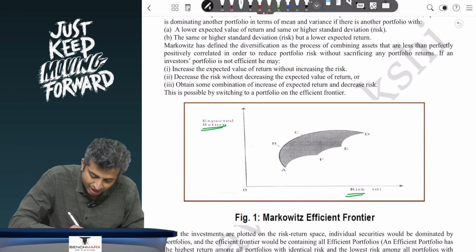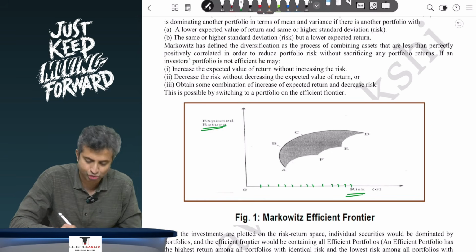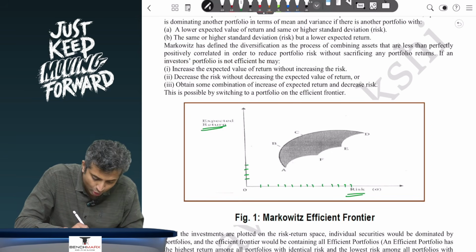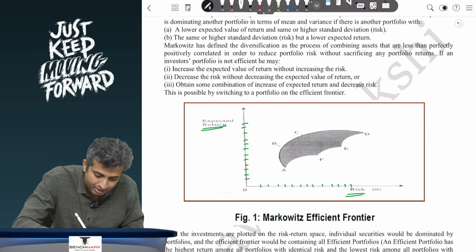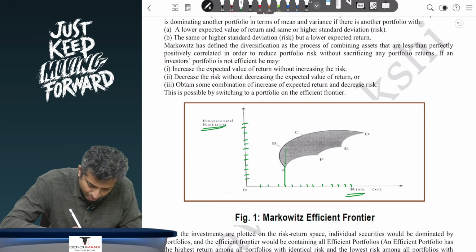At each level of risk there are multiple combinations. At each level of returns also there are multiple combinations. However, at each level of risk there would be a best one. Like over here there is A, but maybe there is a better portfolio lying over here. So there may be multiple portfolios, but this is the best.